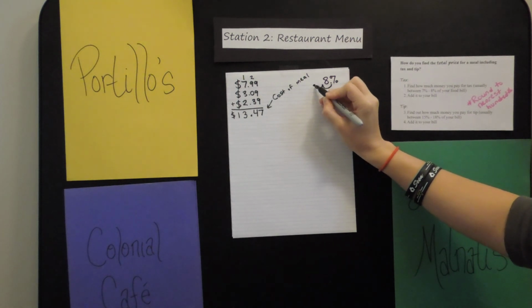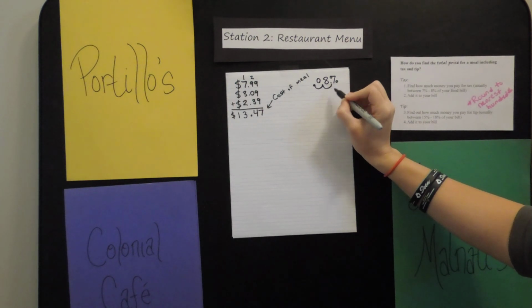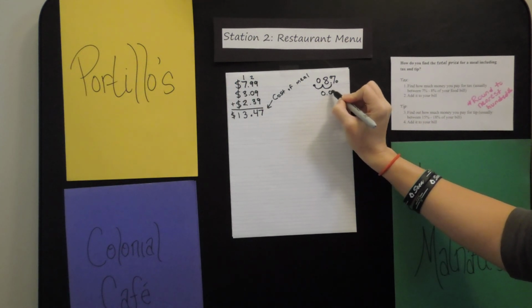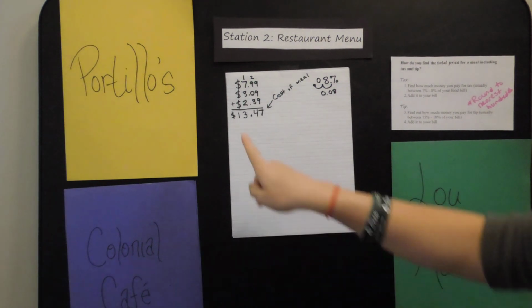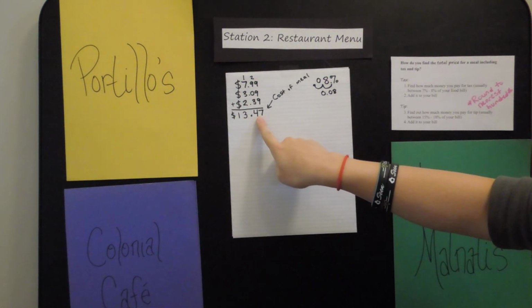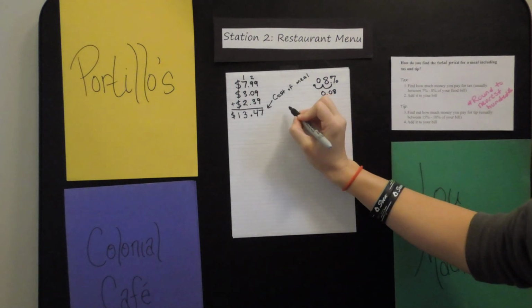Now if you have a gap here, that means you need to fill it with a 0. So if you write 8% as a decimal, you will get 0.08, and that will be what we multiply to get the tax of our meal. So then we will need to multiply the total cost of our meal, $13.47, times 0.08.